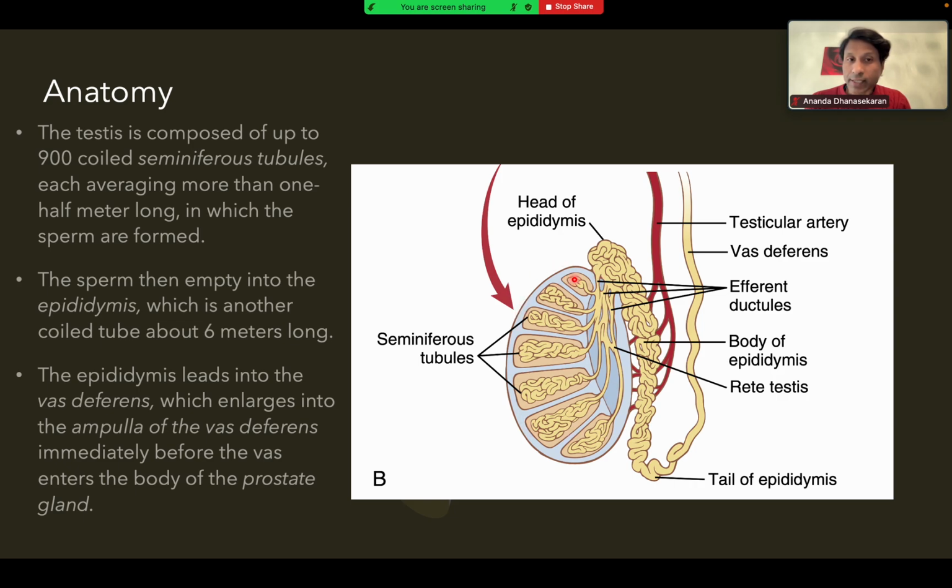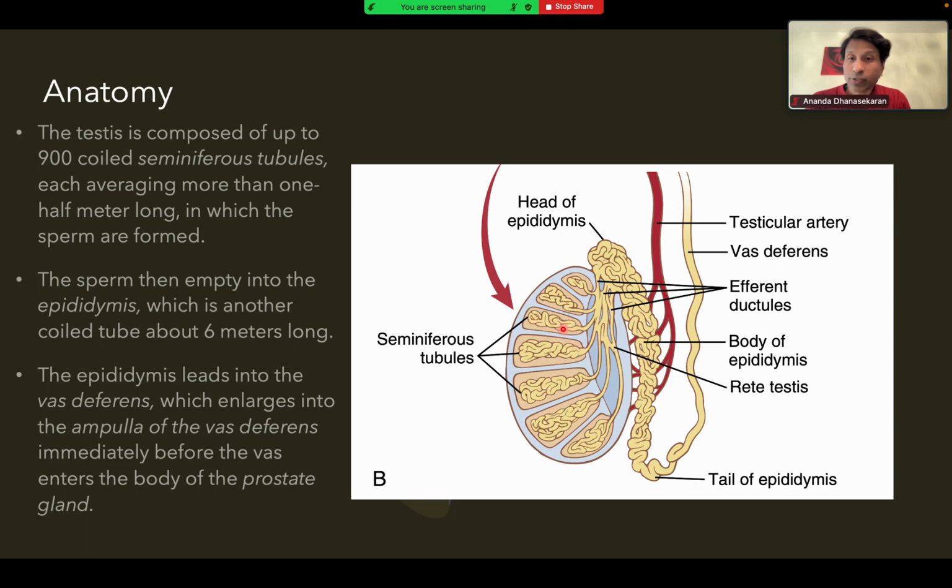The testes consist of 900 coiled seminiferous tubules. You can see this is one seminiferous tubule, this is one seminiferous tubule. So we are seeing the cross section of the testes and it contains 900 seminiferous tubules. What you are seeing is a magnified view of the seminiferous tubules.